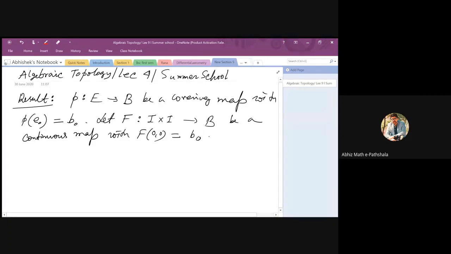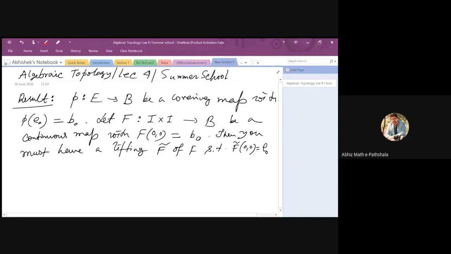then you must have a unique lifting f tilde of f satisfying that at the point 0, 0 it must be e naught.